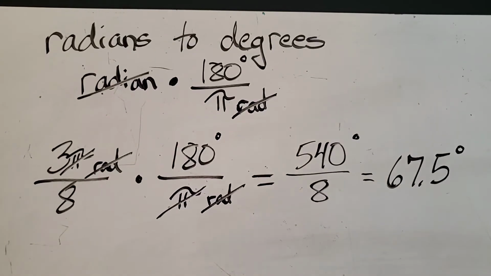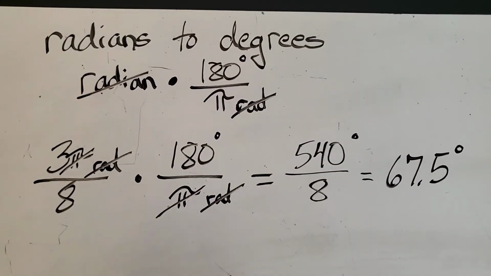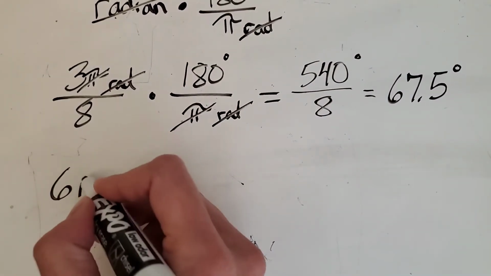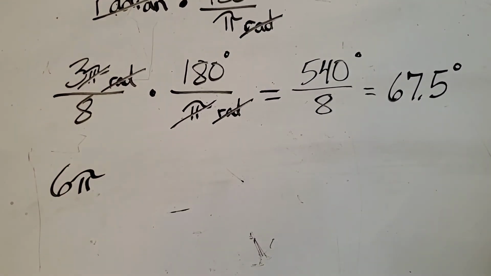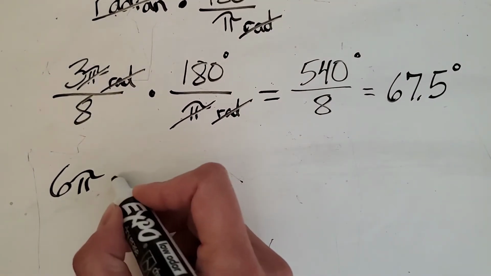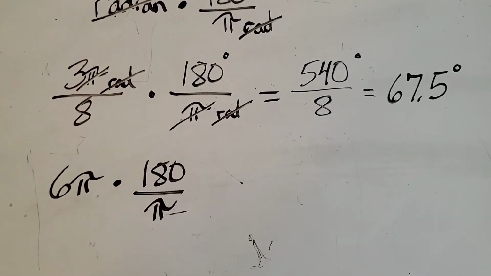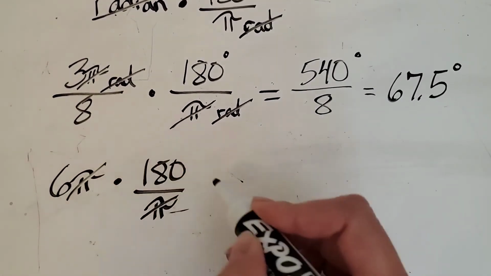So nice. Let's try one more or 2 more. What if I have 6 pi radians and I want to change that to degrees? I'm going to multiply by 180 over pi. The pi's cancel out.